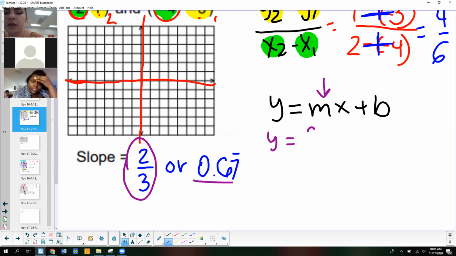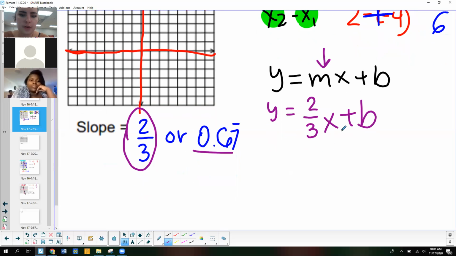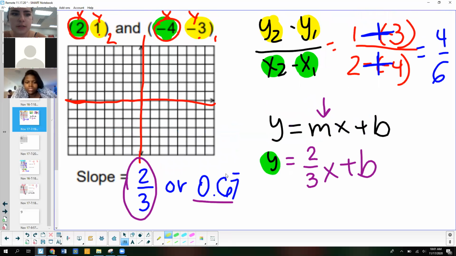So y equals 2/3 x plus b. Hopefully you're all still with me. All I did was take our slope and plug it in for m. Now, the next step, we're going to plug in a y value and an x value. I'll do it in a different color.